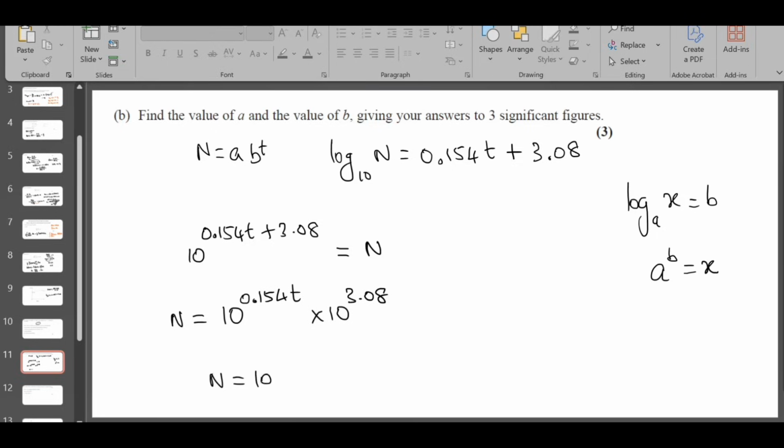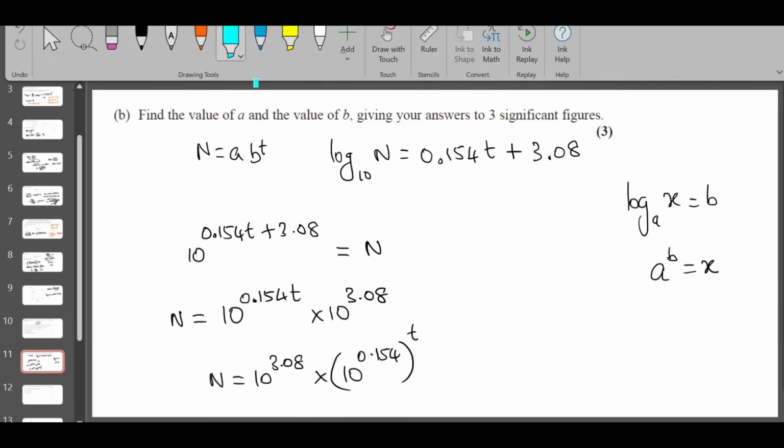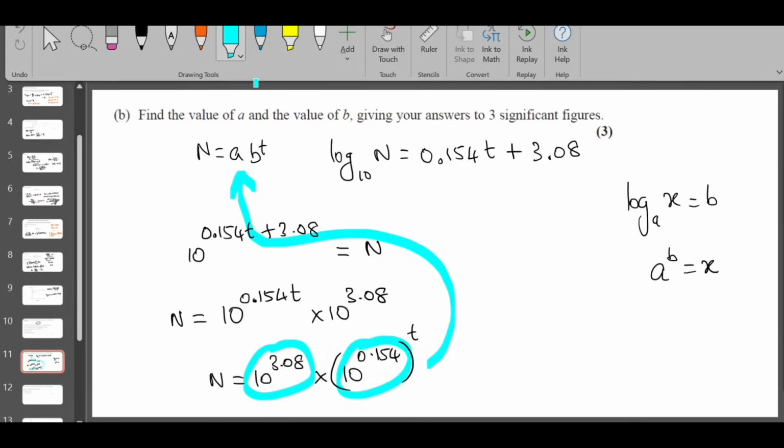You can write it as 10 to the power 3.08 times 10 to the power 0.154 to the power t. And this looks exactly like ab power t, where a is this, b is this.